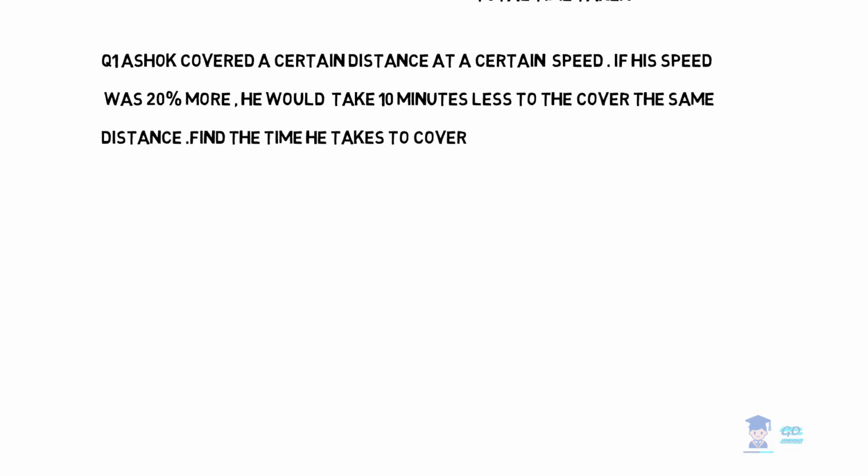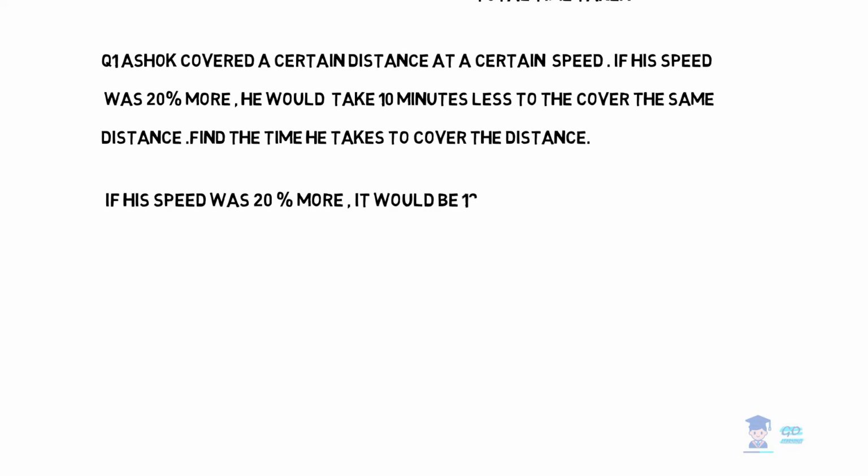Ashok covered a certain distance at a certain speed. If his speed was 20% more, he would take 10 minutes less to cover the same distance. Find the time he takes to cover the distance. So if he's going at 20% more speed, he would save 10 minutes. 20% higher speed means it would be 120% of the actual speed, that is 6 by 5 times its actual speed.